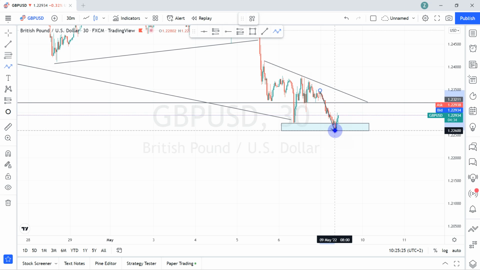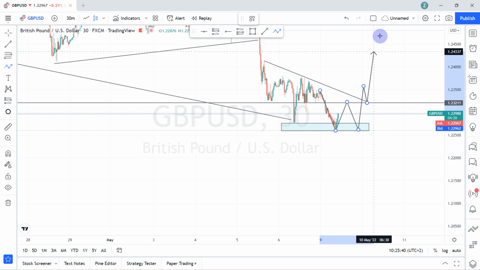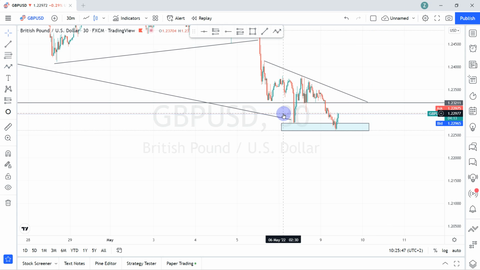Or the market might give us this large double bottom breakout retest. That's where we would place our buy stop, just above where the market reversed here, because that's where the market would impulse to the upside, and that's where it would validate our setup.